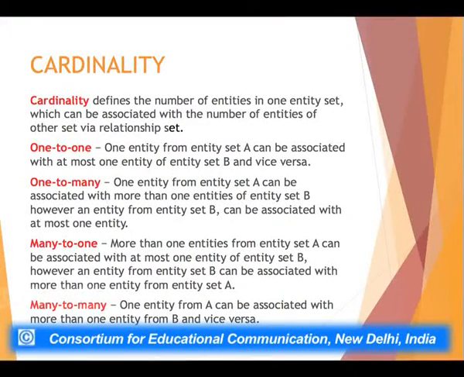Another important concept is cardinality. Cardinality defines the number of entities in one entity set which can be associated with the number of entities of the other set via relationship.